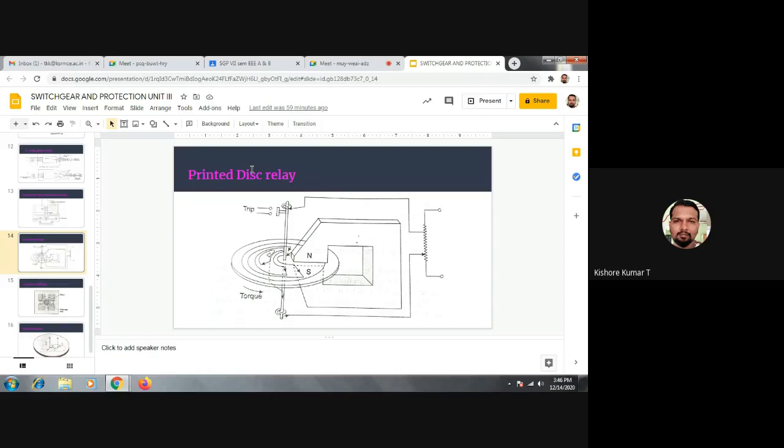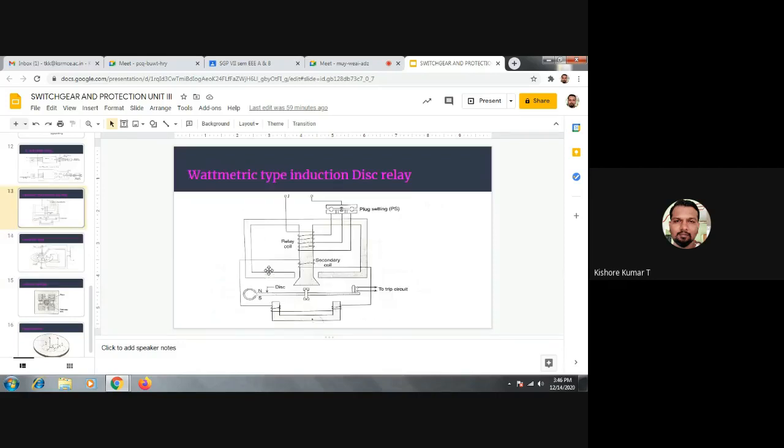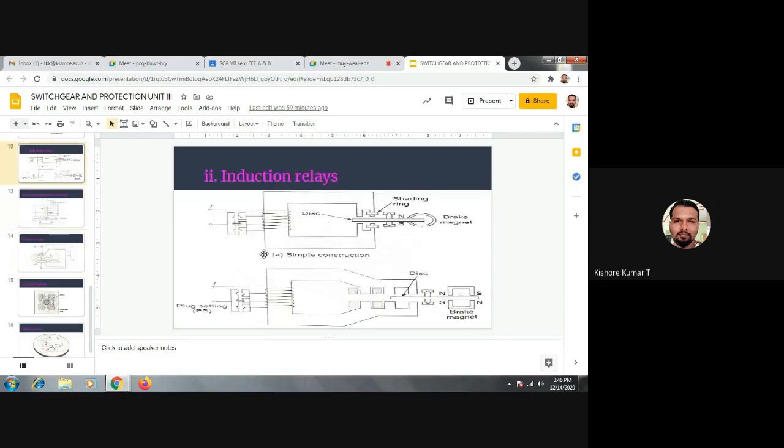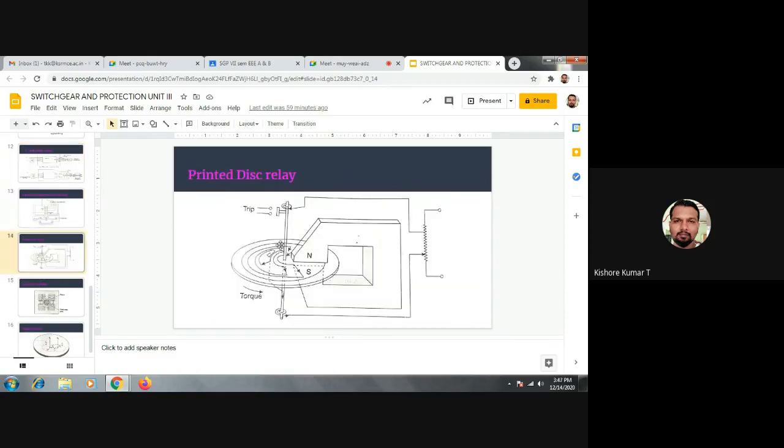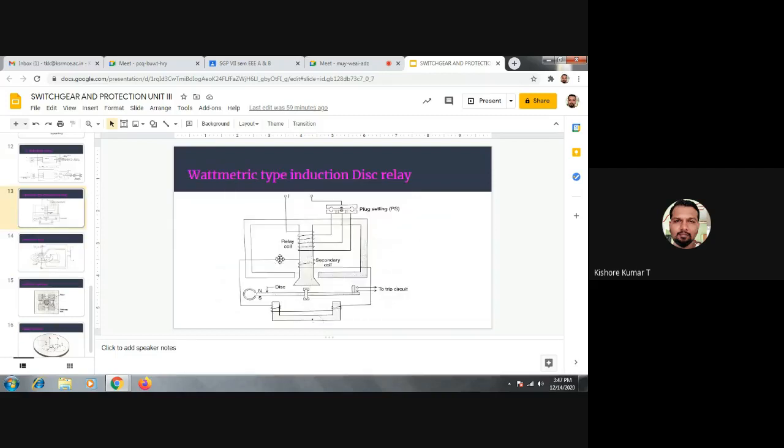It will not attract the breaker contacts. That's it. So this is about the printed disk relay. Do observe the difference between the normal induction relay and the printed disk relay. For a normal induction relay, the relay coil is directly mounted on the pole.